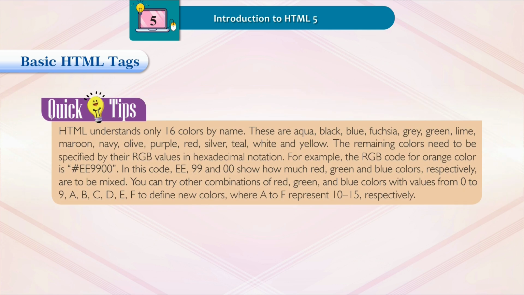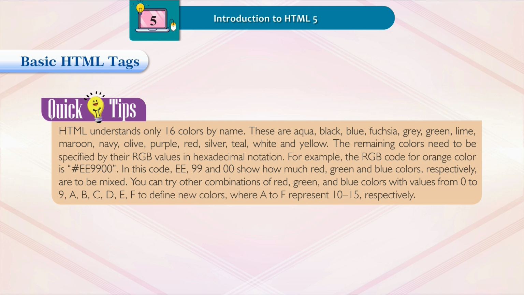Quick tips. HTML understands only 16 colors by name. They are aqua, black, blue, fuchsia, grey, green, lime, maroon, navy, olive, purple, red, silver, teal, white and yellow. The remaining colors need to be specified by their RGB values in hexadecimal notation.